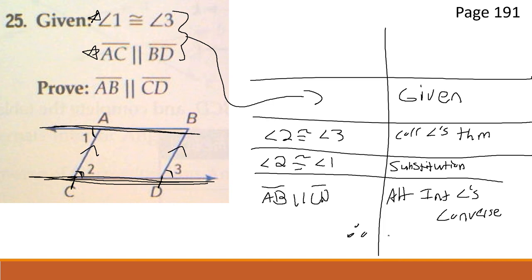Once I've set that up, I want to use that converse to prove that the lines I want to be parallel are indeed parallel. In this case, it was AB and CD. So when you're doing these proofs, just look at it for a minute and say, okay, what are some potential alternate, consecutive, or corresponding angle relations I have here, and let me try to work towards making those happen.